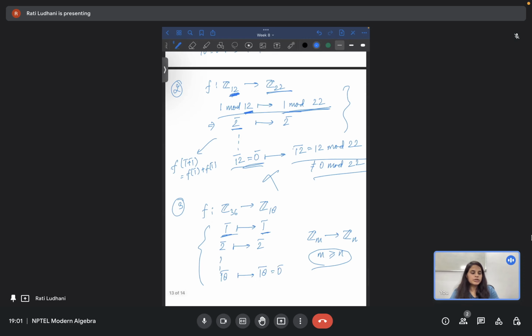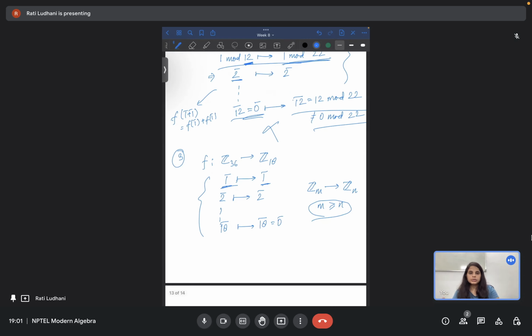That's quite okay, it could be a many-one function. 0 bar is mapping to 0 bar, no doubt. As you go until 36, that is 0, it should be 0 here also. So 36 bar is 36 mod 18, and 36 is a multiple of 18, so this should be 0. So 0 bar is mapping to 0 bar.